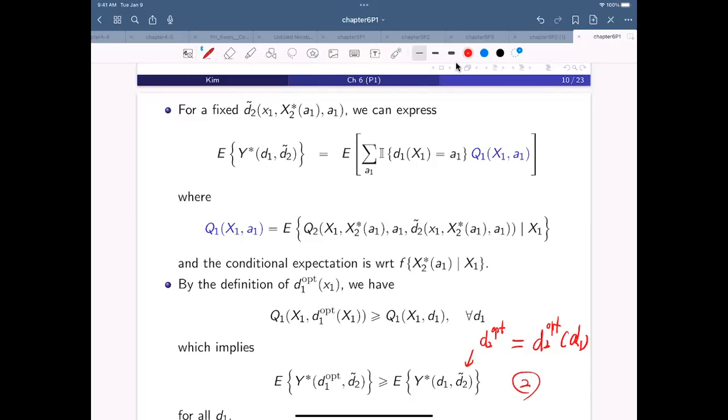When we optimize D2, we are comparing two functions, and a function of D1 is also a function of X2. So as long as we can express the forward D1 as a function of X2, we can apply the same thing, right? That's the point. I see. Yeah, that makes sense.